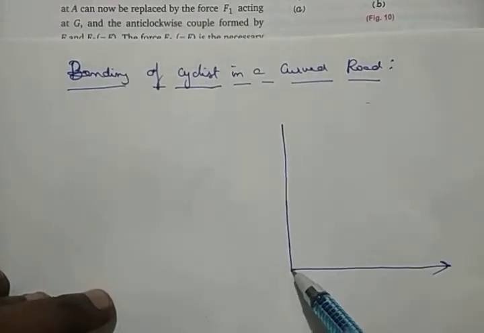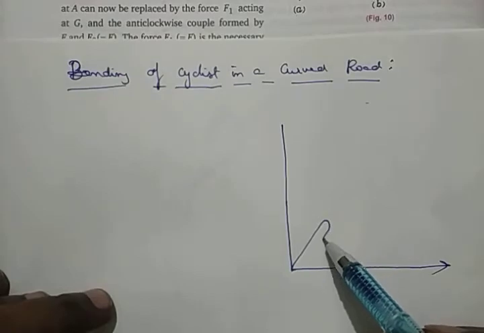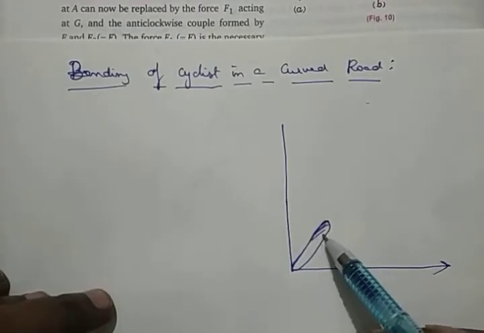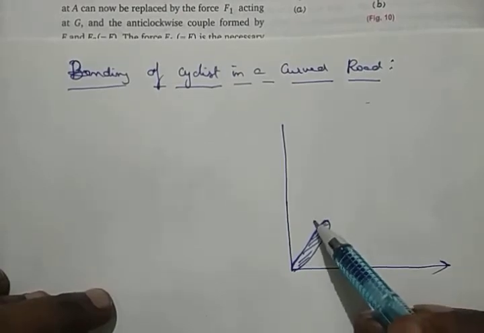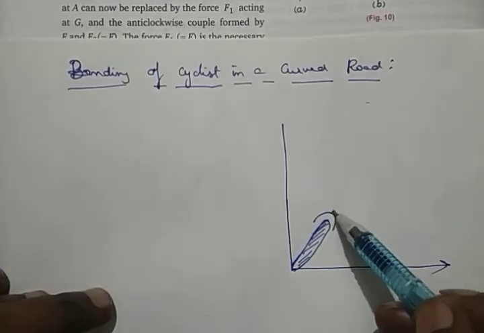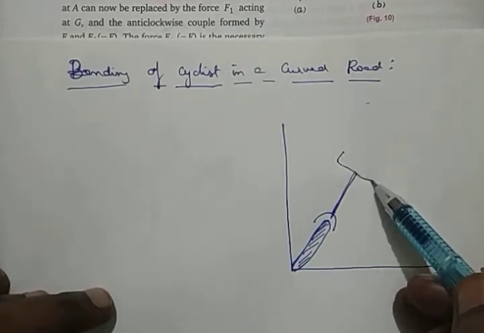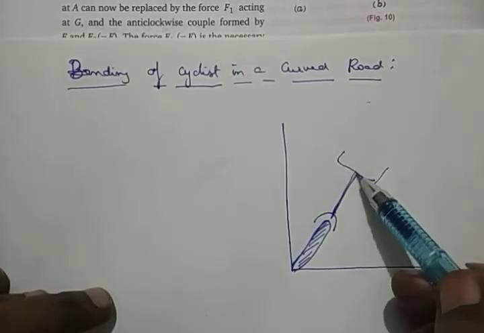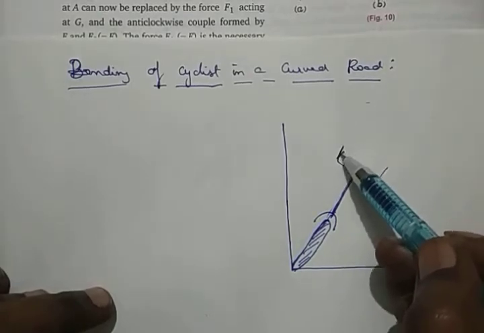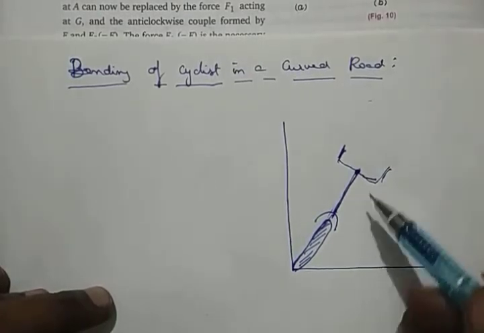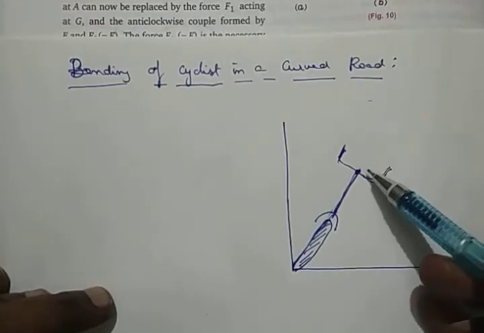So consider a cyclist who is going like this. Now we are drawing a wheel of a cycle, a cross-sectional view, and this is the handlebar. A cyclist is coming on a curved path.